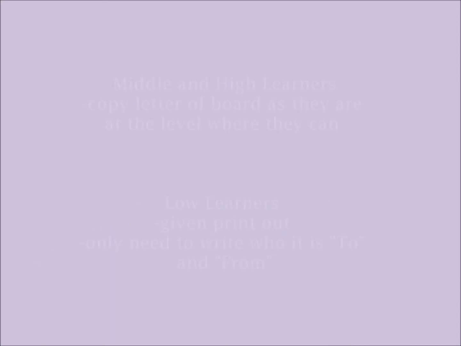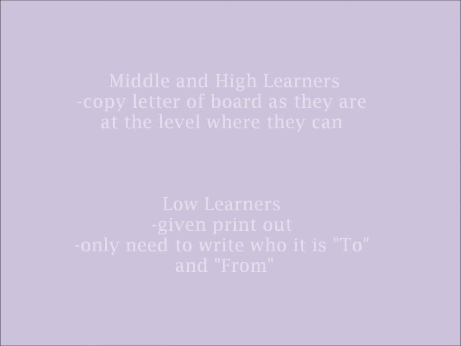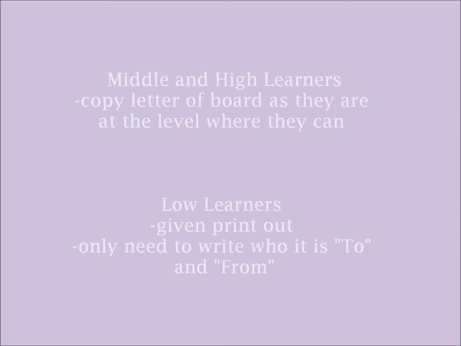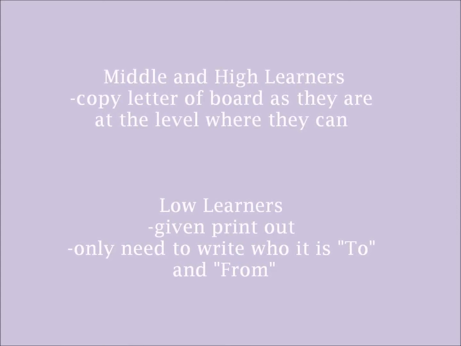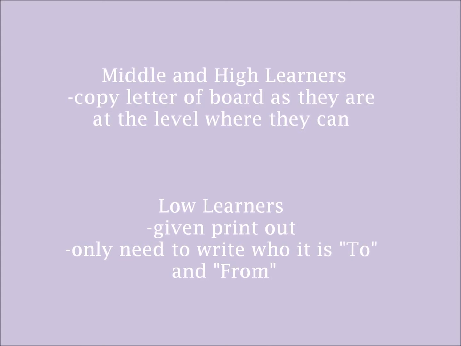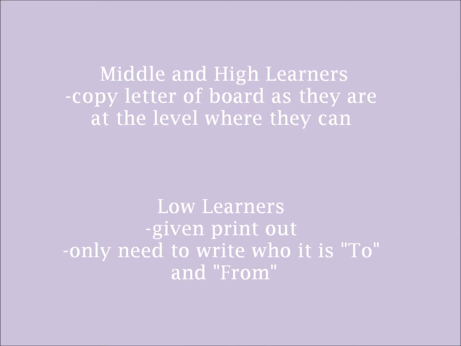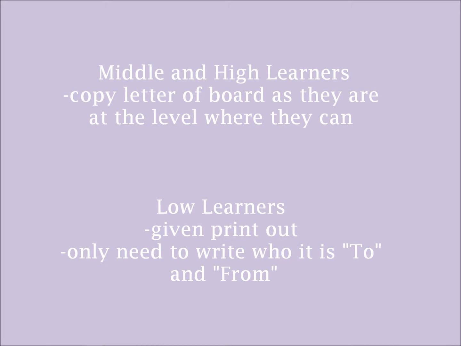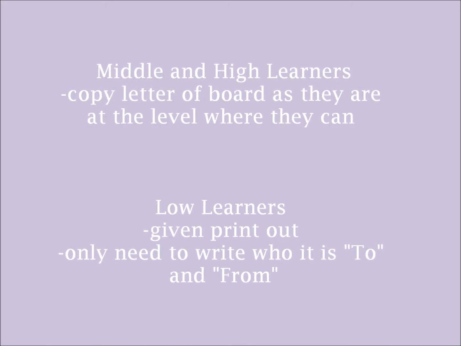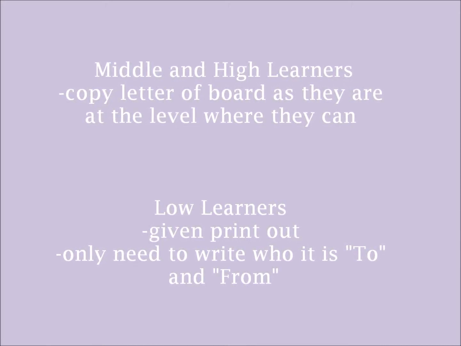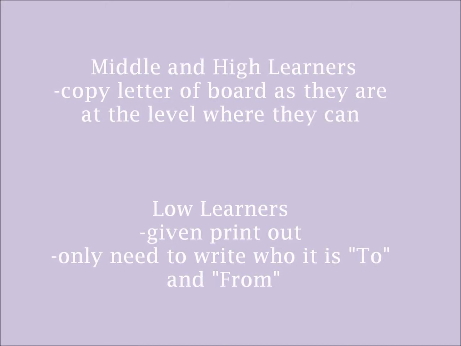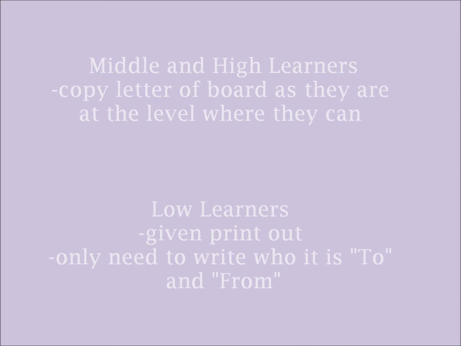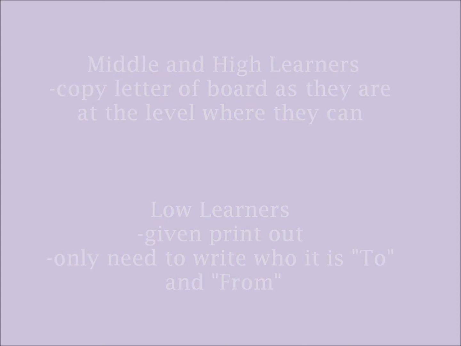With the middle and high learners having to copy the letter off the board, the low level ability learners are given a printout of the letter and only have to write who the letter is to and from. But by dividing this activity, these 2 groups will mean that the time limit of the conclusion activity will be reached and that I can ensure that each student will complete the conclusion activity to then take the letters home and bring back their answers to the next history lesson.